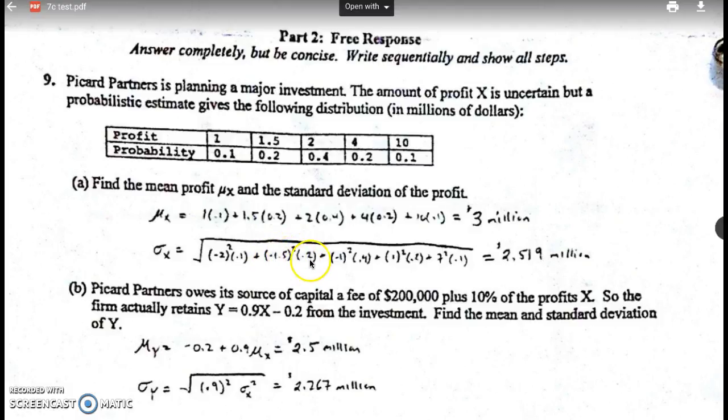We're squaring it, multiplying it by the probability of 0.2. The next one, 2 minus 3. I've got a -1 here. We're squaring it times the probability, 0.4, etc. Go through all the probabilities. You sum that all up on your calculator, and you take the square root, and you get 2.519 million.